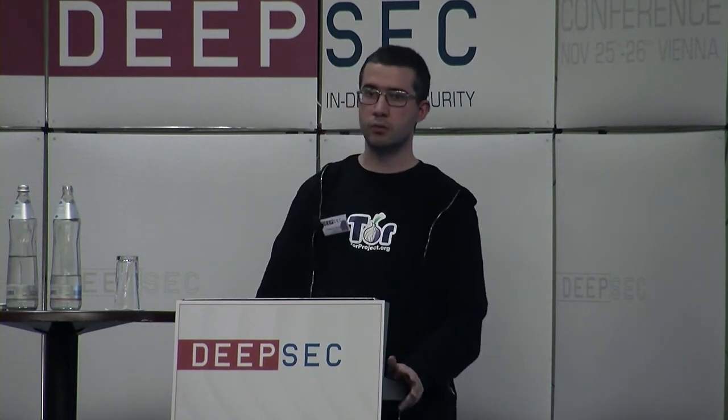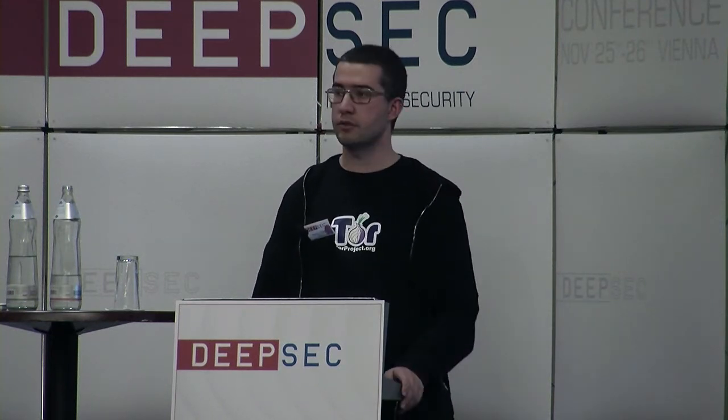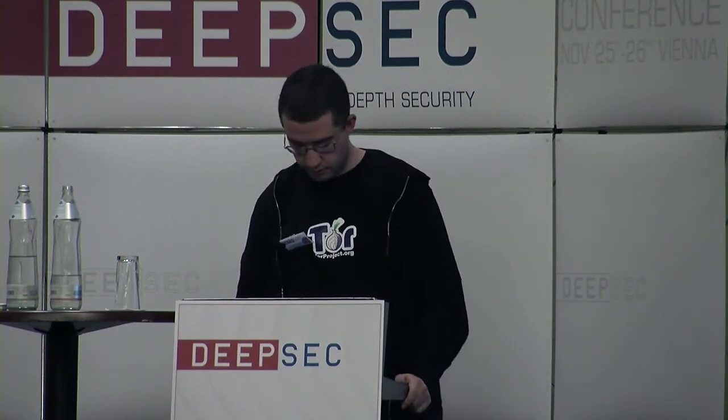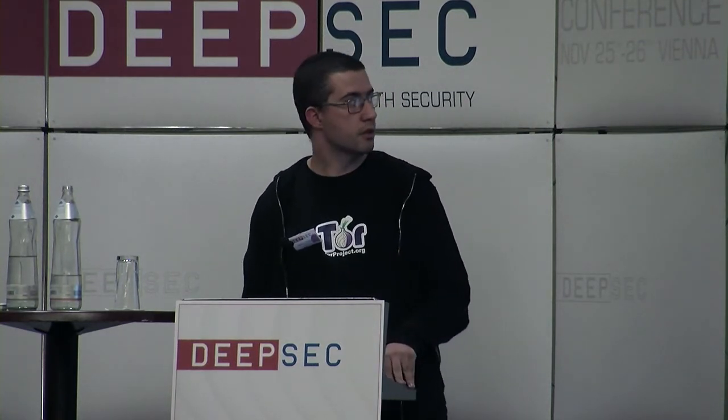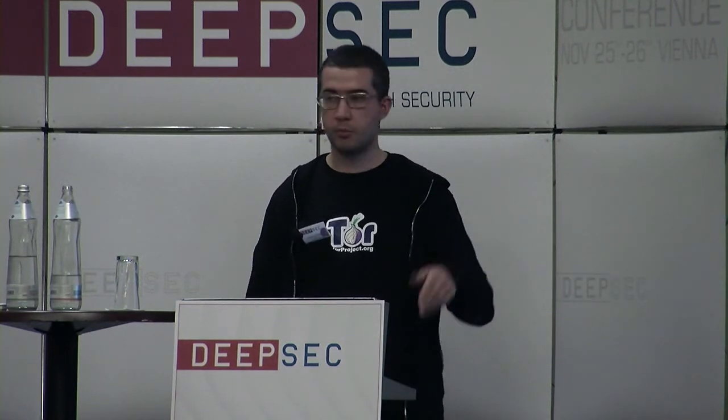So, I'm assuming that everybody here knows what Tor is and how it works. If anyone here has any doubts, or doesn't know what this picture is, okay? I see a hand. Anybody? Okay. Just for the guy over there, this is a crash course on Tor. There's Alice, who is going to contact Bob, and in a usual communication, you will see a red dotted line between Alice and Bob.